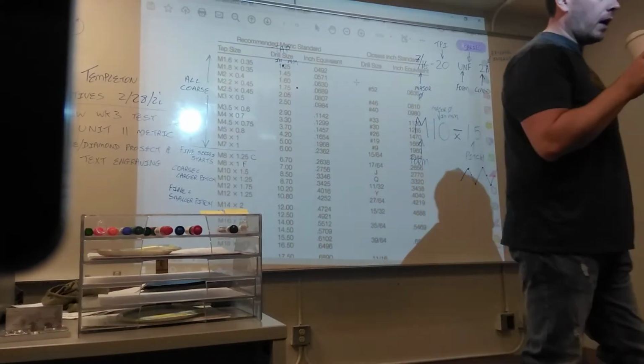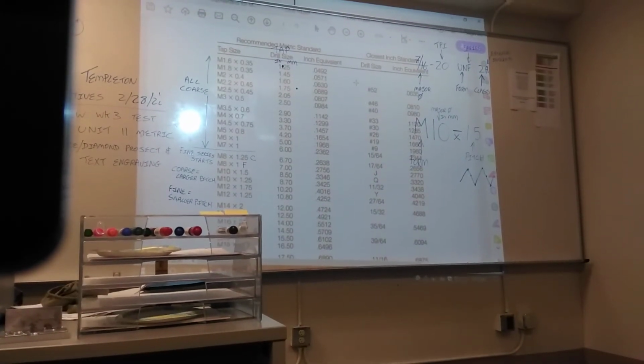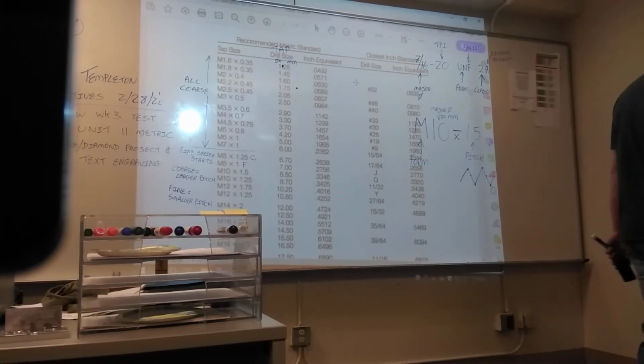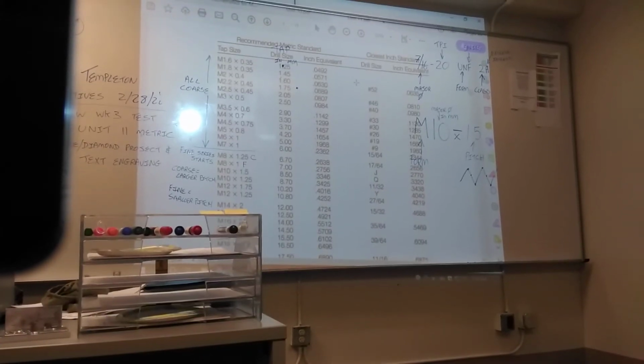So somebody call out a thread. Pick a thread on the table. How about the M18 by 2.5. M18 by 2.5, I'm going to use a 15.5 millimeter top drill. Correct. Someone else pick one.